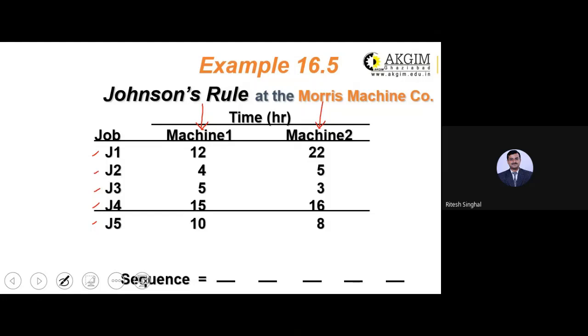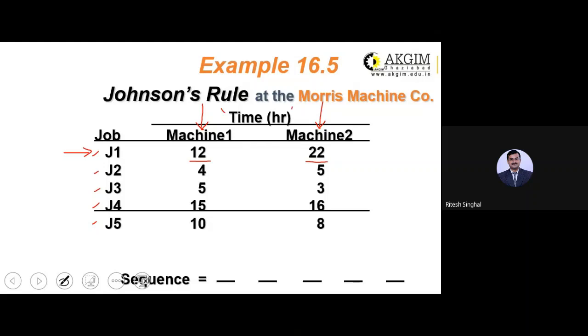For example, job J1 requires 12 hours on machine 1 and 22 hours on machine 2. Similarly, all the jobs have some specific requirement on machine 1 and machine 2. These are nothing but times in hours.